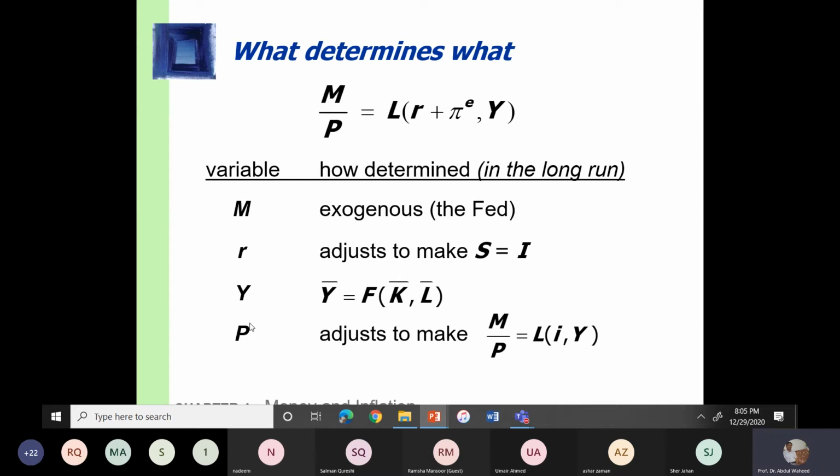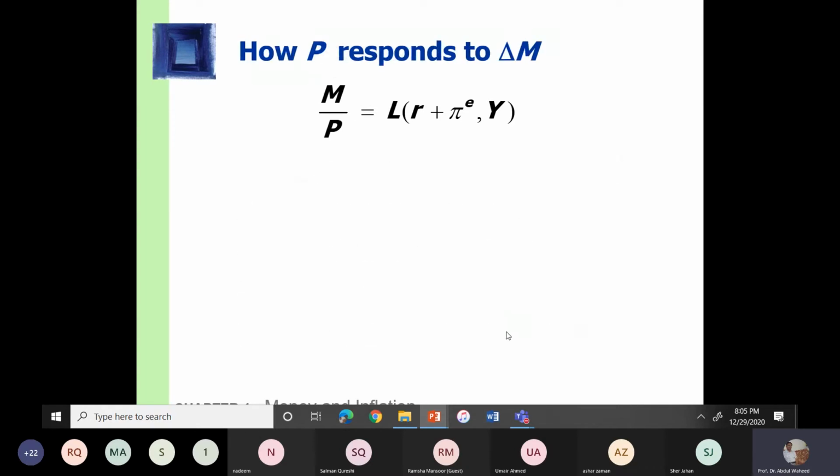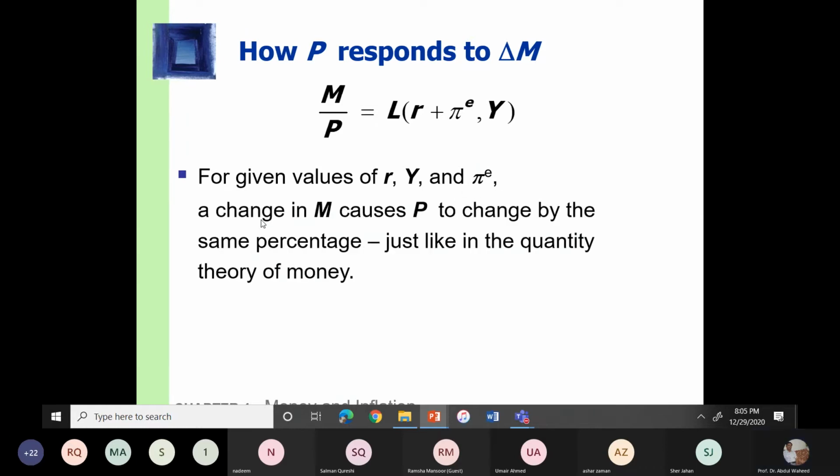And then price will adjust to make equilibrium here in the money market. So whenever there is disequilibrium, this means price will make adjustment. So for given values of the real interest rate, real output, and expected inflation rate, a change in M causes P to change by the same percentage, just like in the quantity theory of money.